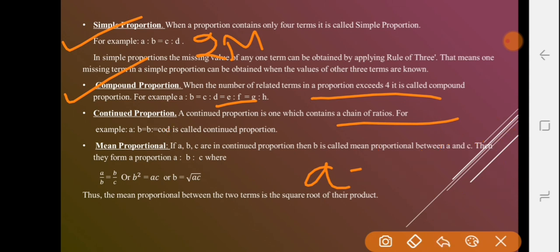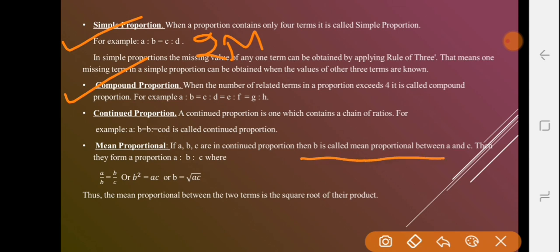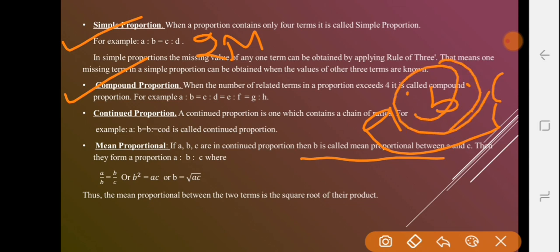Then the last one we have is mean proportion. Mean proportional: if a, b, c are in continued proportion, then b is called the mean proportion between a and c. So here we have only a, b, c. If a and c are in proportion, then b is called the mean. Usually if we have 4 terms, b and c will be the means. If we have only 3 terms, b is the mean proportion.